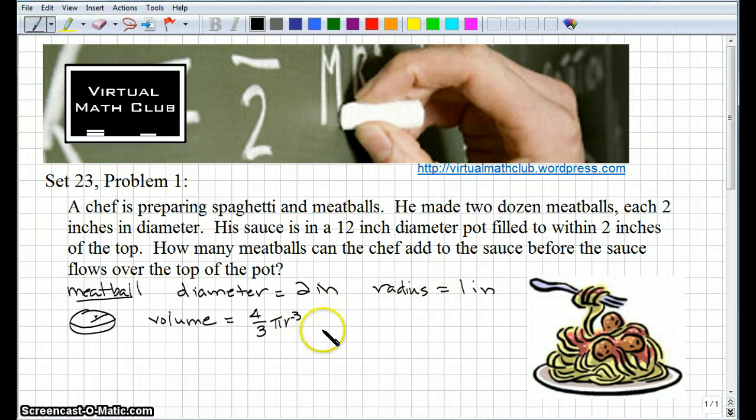So if we plug 1 inch in for the radius, 1 cubed is just 1, so the volume of 1 meatball is just 4/3 pi. So every time we drop a meatball in, we increase the volume of stuff in the pot by 4/3 pi. So let's take a look at this pot.